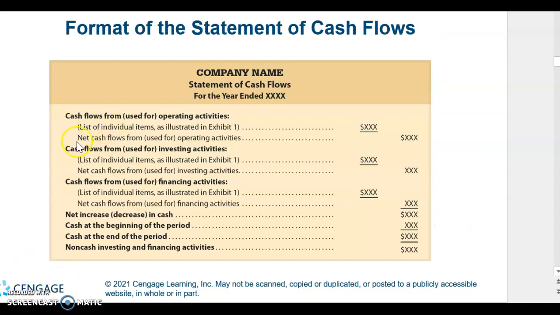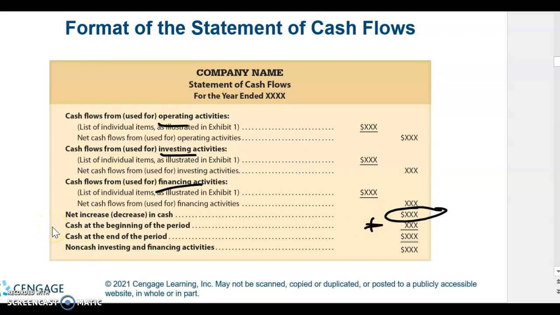So this is what this is going to look like. We will look at this and see the examples as we go. But you've got your cash flow from operating, investing, and financing. And then when you net those three together, you get your net increase or decrease in cash. Then you add your beginning cash from the balance sheet.